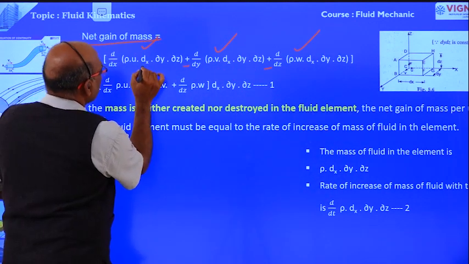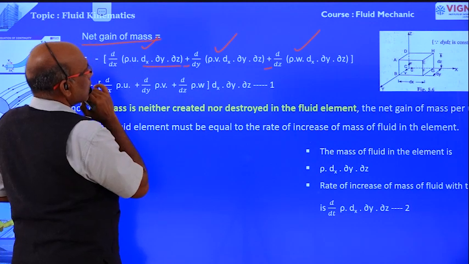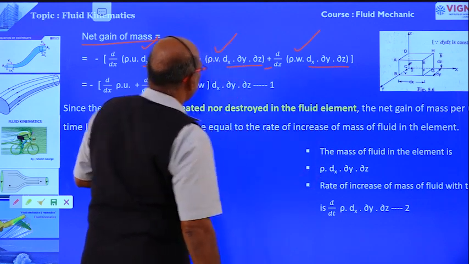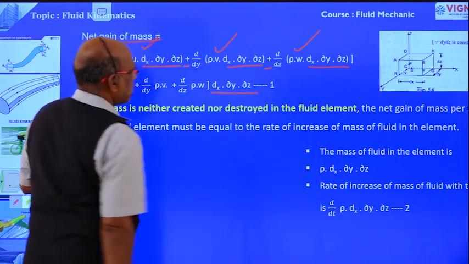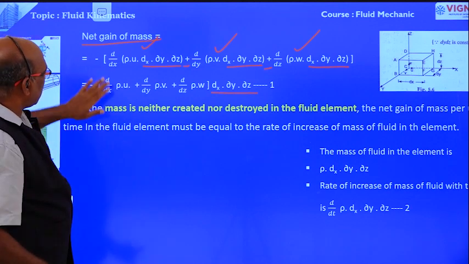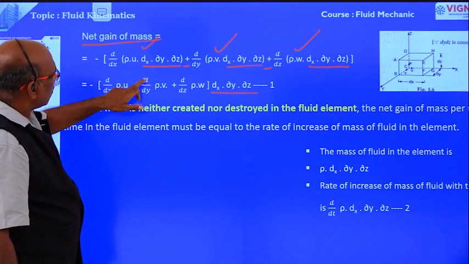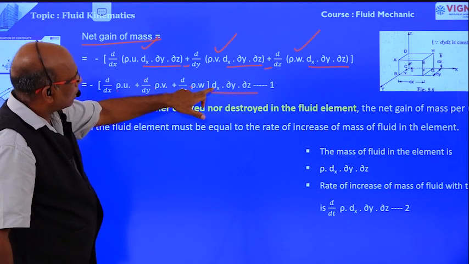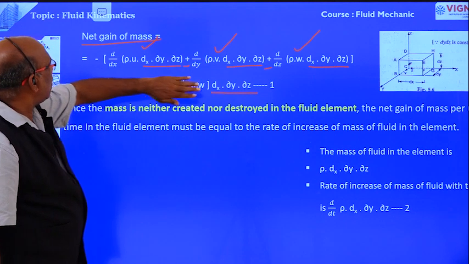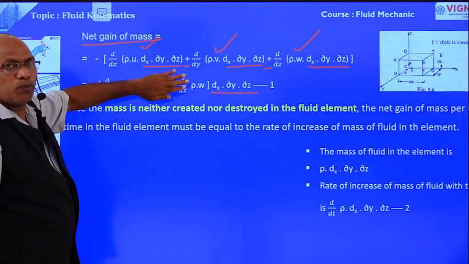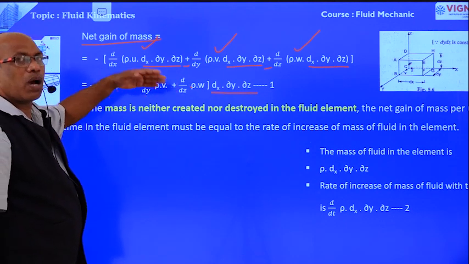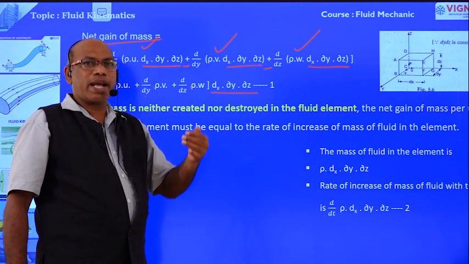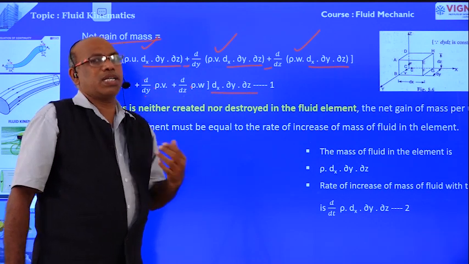Now here dx dy dz, here also dx dy dz, here also we have dx dy dz, therefore dx dy dz taken out, therefore d by dx of rho u plus d by dy of rho v plus d by dz of rho w, times dx dy dz. This is the net gain of mass if the fluid is moving from one point to another point in x direction, y direction and z direction.